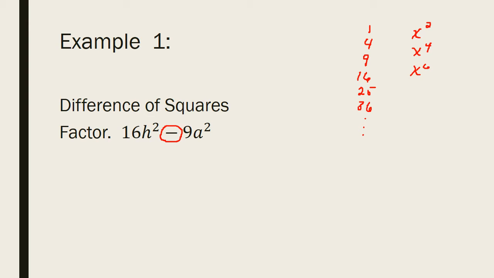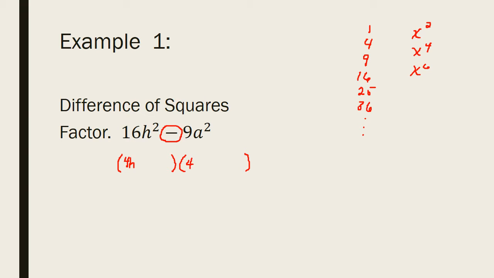All right, so looking at our first example here, we've got 16h squared, which is a perfect square, minus, there's our difference that we're supposed to have, 9a squared. And that's another perfect square. So what you're going to do here is you're going to do two sets of parentheses. And you're going to take the square root of the first term. The square root of 16h squared is 4h.